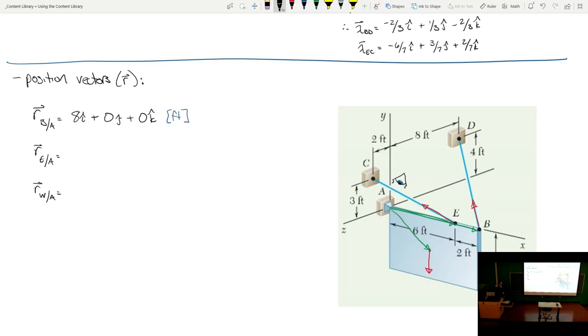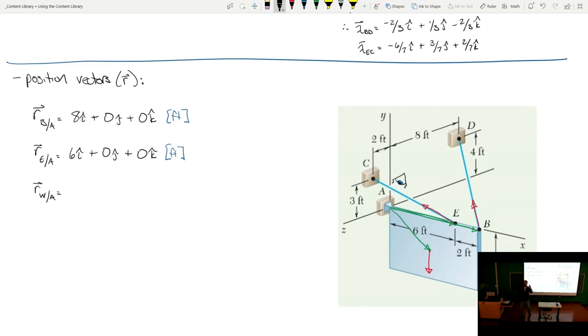What about R pointing to E from A? If this was 8i, what's this one? Say it again. 6i, there you go. Lastly, what about W? How far are we going to go along the x-axis? Remember, this is in the middle of the sign. 4.